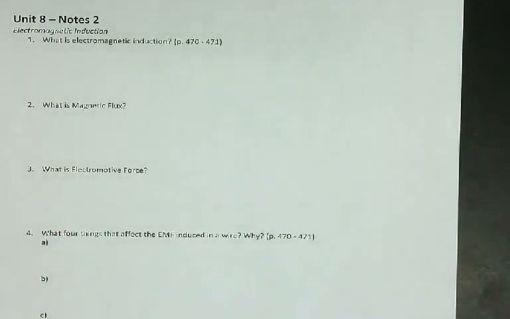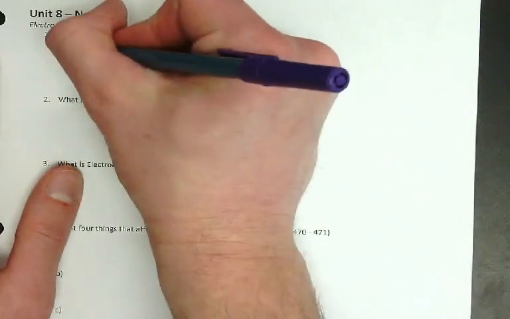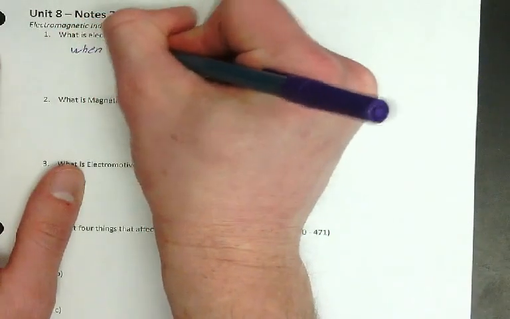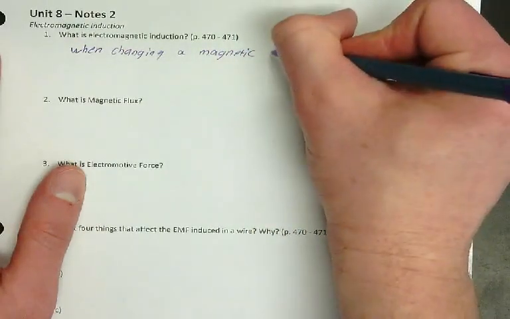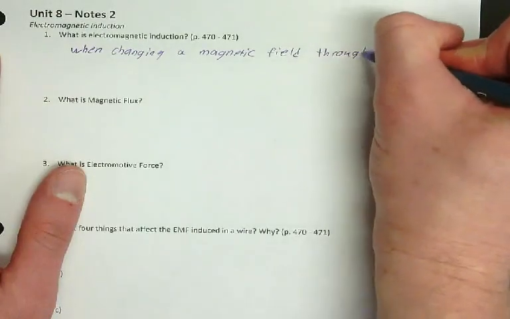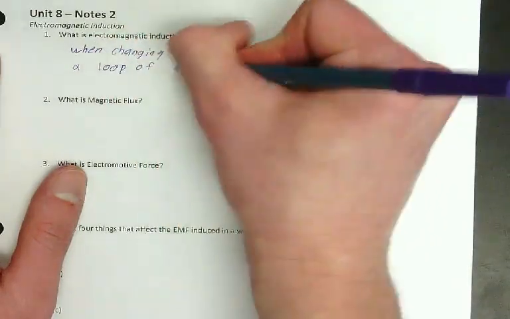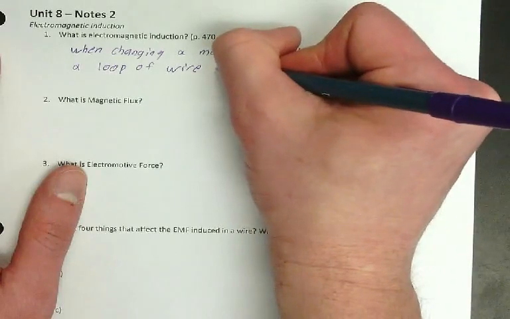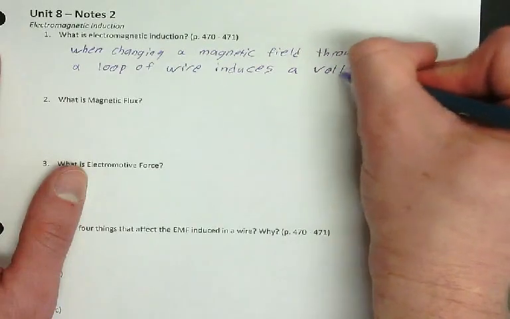Number one, what is electromagnetic induction? So electromagnetic induction, it's a fancy word for when changing a magnetic field through a loop of wire induces a voltage.